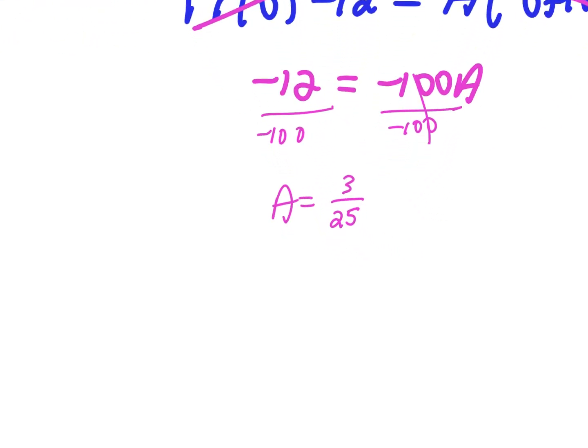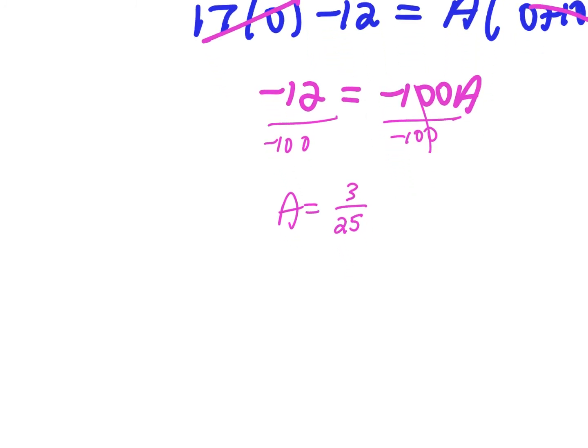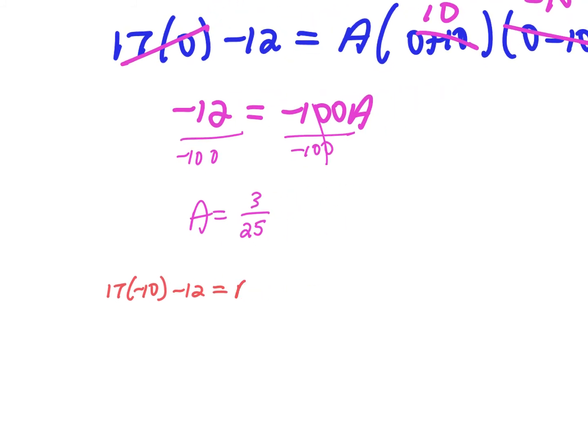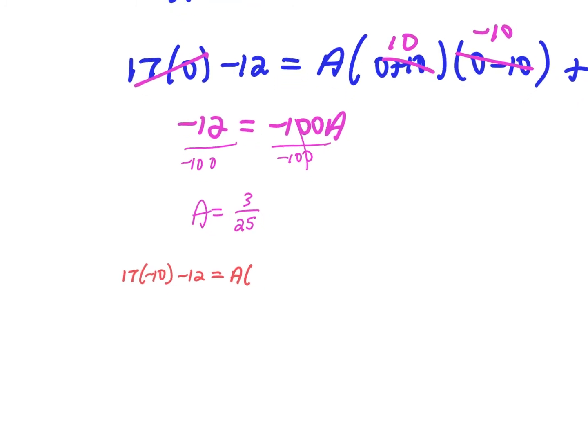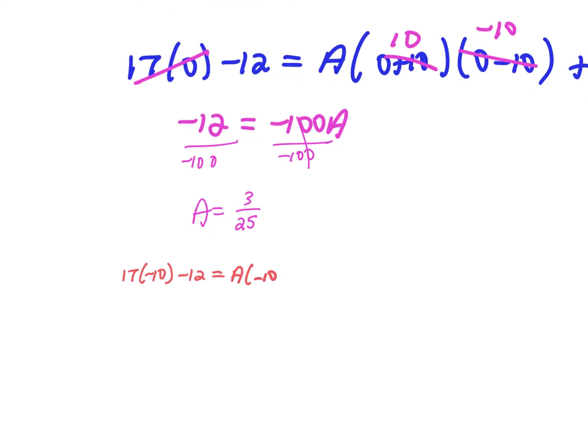So I have 17 times negative 10 minus 12 equals A times negative 10 plus 10 times negative 10 minus 10, right?